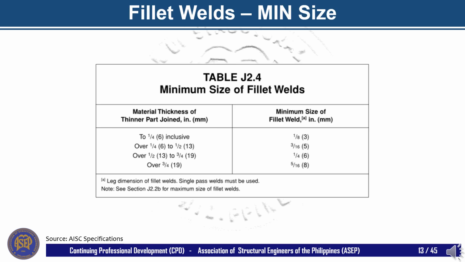AISC Specification Table J2.4, also found in Table 510.2.4 in NSCP, specifies minimum weld sizes that are a function of plate thickness, based on the thinner base metal. These are used to address welding-related concerns that involve fusion and cracking, and not design-related requirements.